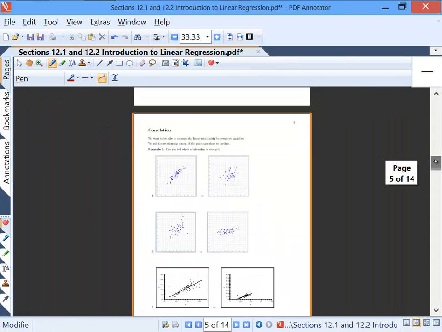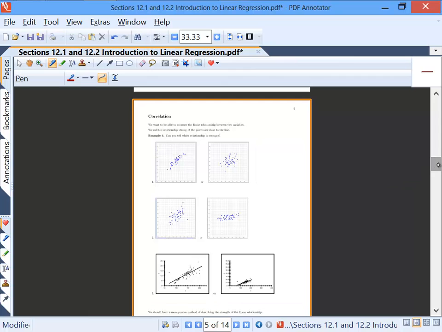So for our next thing, we want to be able to measure the linear relationship between two variables. Basically, we want to see how close the points are to the line and measure that relationship somehow. When you look at these sets of data points, can you tell which one of these relationships seems stronger?